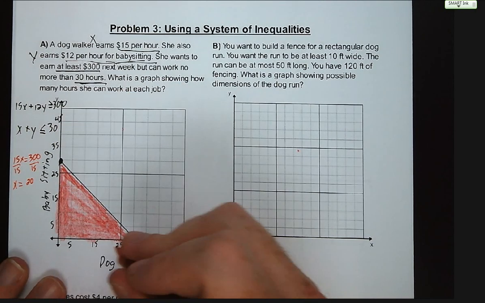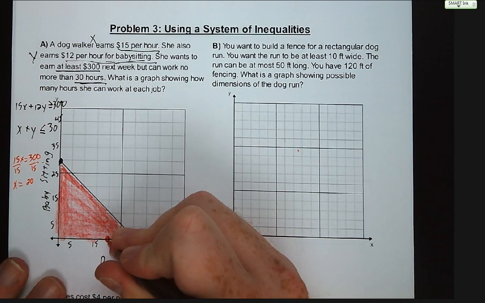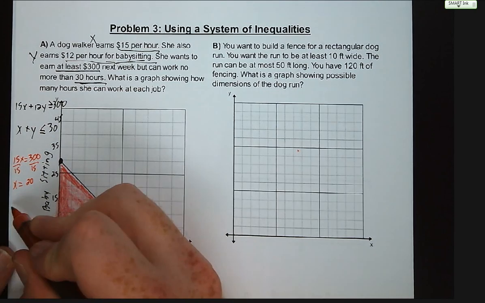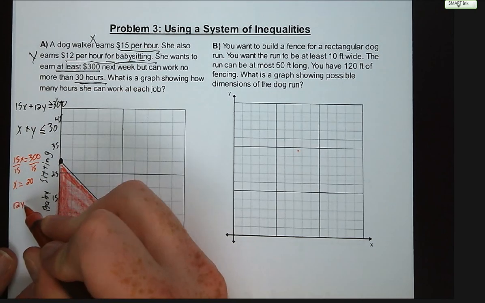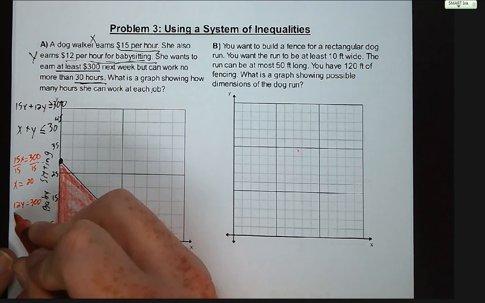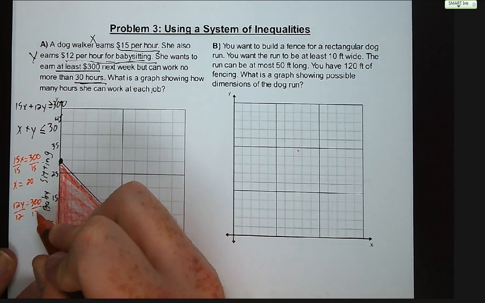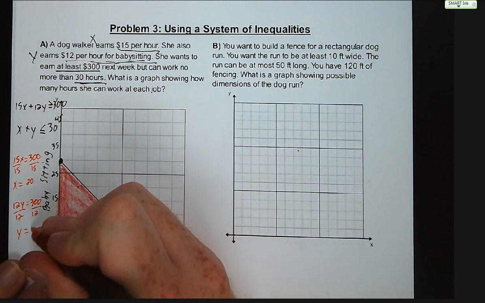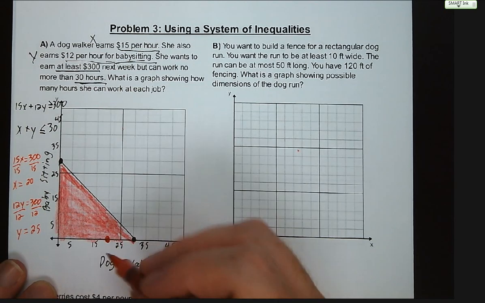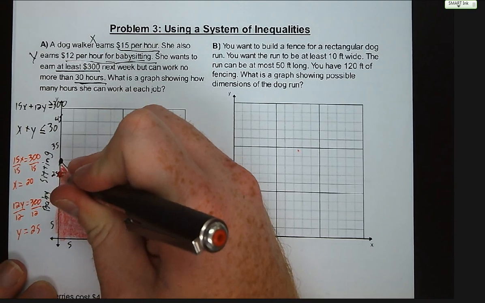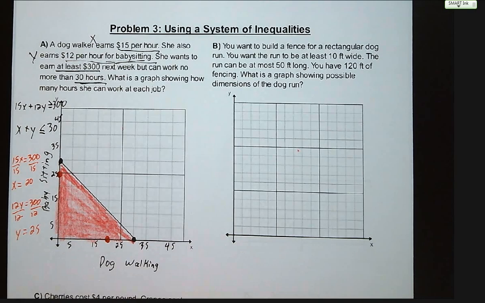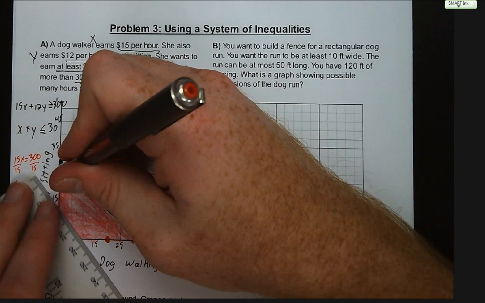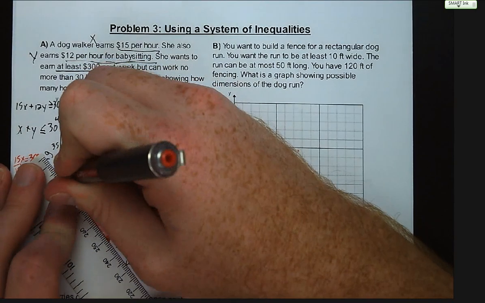So we have an x-intercept at 20. And if we plug in 12y is equal to 300, divide by 12, our y-intercept is going to be 25. So we have a point at 20 and 25. So now we can connect these dots.